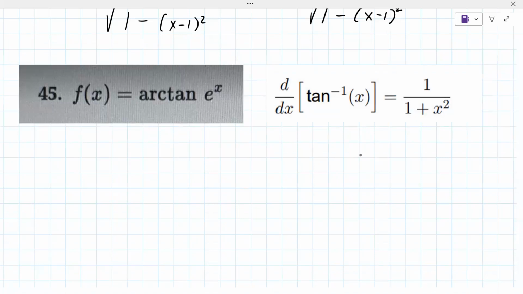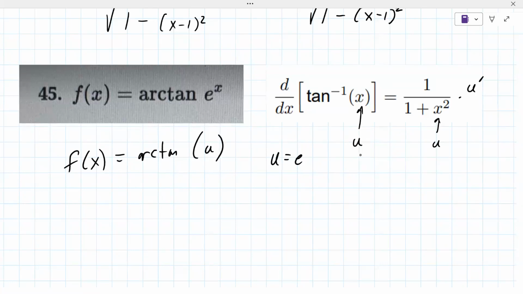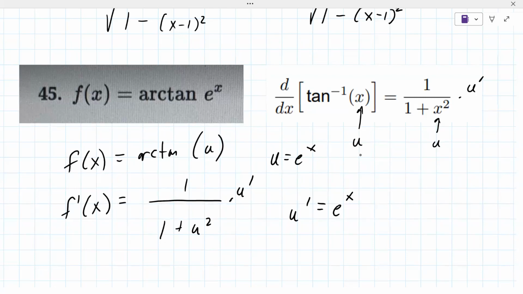So again, you can really treat this thing here like it's a u, and then you're multiplying by u prime. I would tell students to look at this as arctangent of u, and u is really e to the x. So your derivative is 1 over 1 plus u squared times u prime. And u prime is e to the x, because the derivative of e to the x is itself.